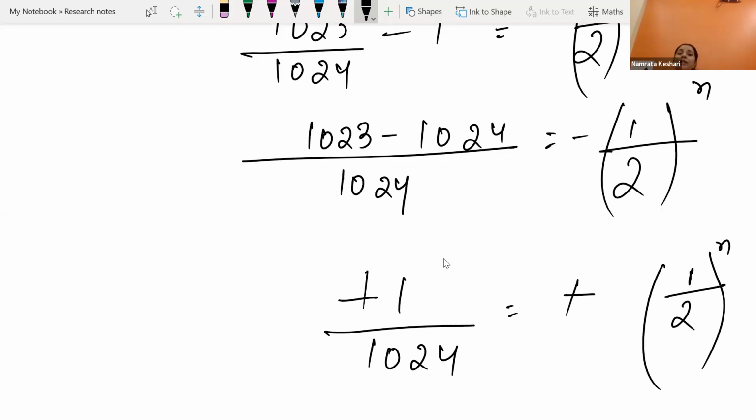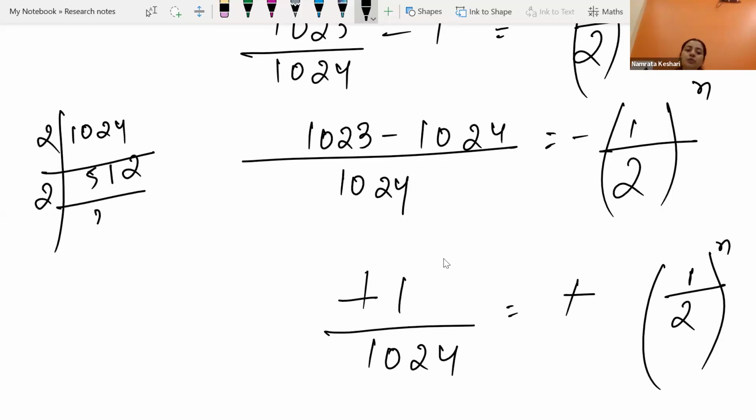We will try writing it in exponent form, so that on both sides we can compare the exponent. Let's think about it. 1024 means 2 to the power what? 2 5 times 10, 2 1 times 2, 2 2 times 4, again 2, 2 2 times 4, 2 5 times 10, 2 6 times 12, again 2. Okay, you can take a bigger number also, 4 and 8 also you can take.